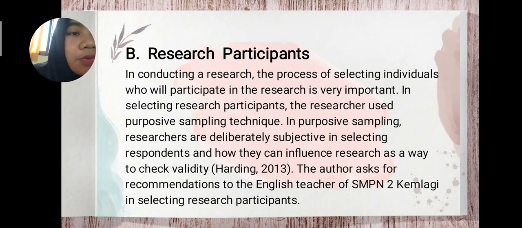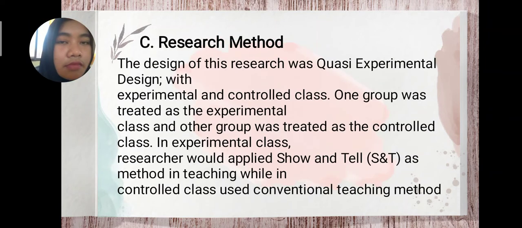The researcher uses purposive sampling techniques. In purposive sampling, researchers are deliberately subjective in selecting respondents and how they can influence the research, as a way to check validity, Harding 2013. The author asked for a recommendation from the English teacher of the junior high school in selecting research participants.